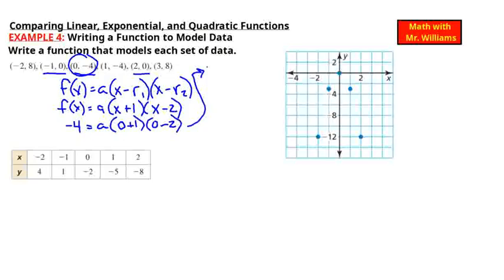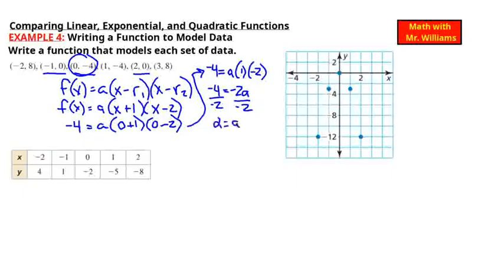This gives us -4 equals the a value. 0 plus 1 is 1, and 0 minus 2 is -2. We multiply out the right, we see -4 equals -2 times that 1 gives us -2a. We divide by -2 on both sides, giving us 2 equals our a value.